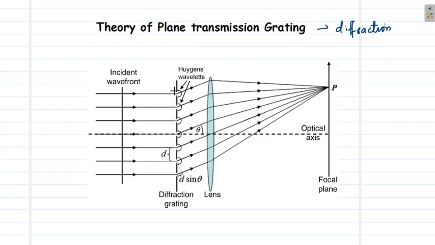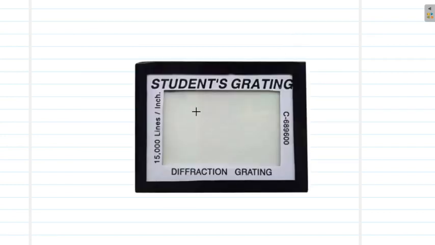Now, what is a transmission grating? Normally, this is a grating that we use in our labs. This kind of setup consists of alternate opaque and transparent lines. Within this, there are small opaque lines followed by a small transparent line, and after that, again an opaque line, then a transparent line, and so on.